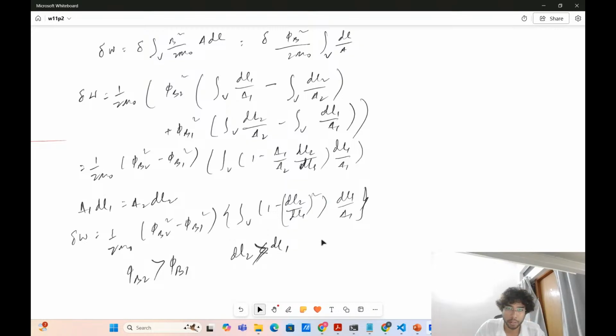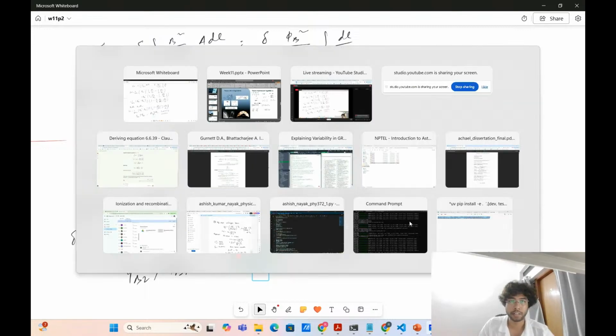So dl2 has to be greater than dl1. Okay. So then, this is the condition for instability. Instability condition. Right. So this is the instability condition.